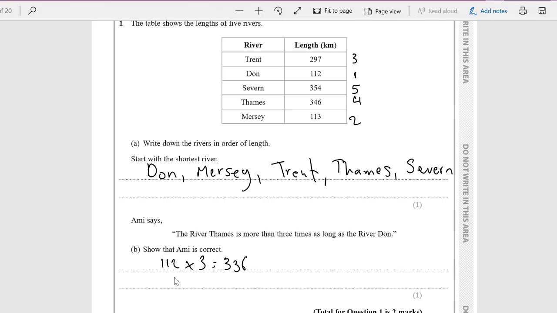And so the River Thames is 346. So Thames is 346. So it's more than 3 times larger. Yep, so Amy is correct.